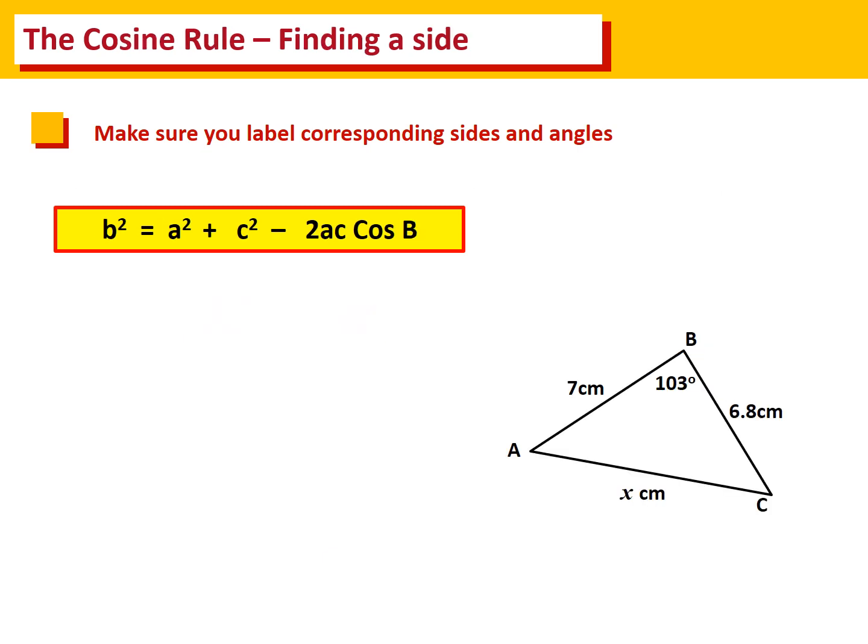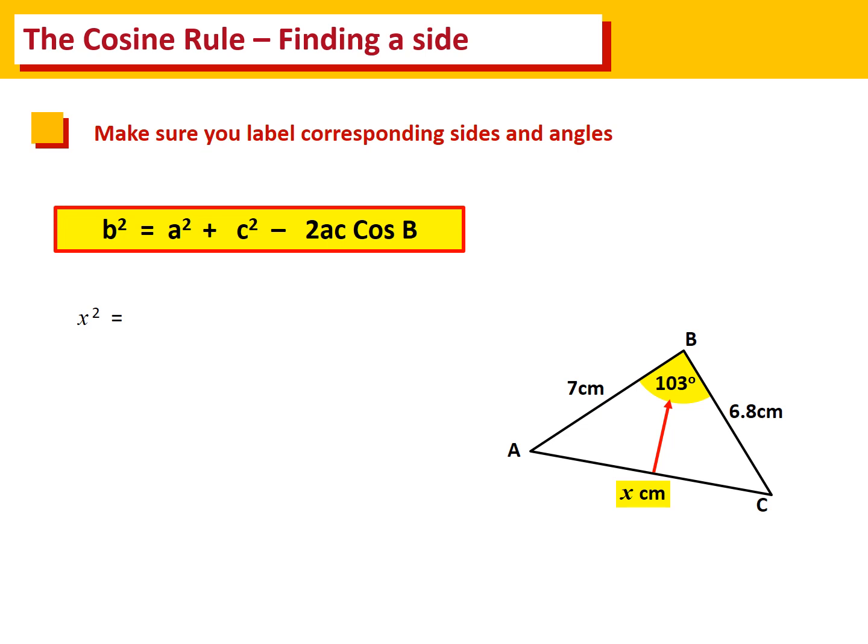Here's our second example. So we're trying to find length x, so our formula will start x squared, and the corresponding angle to the length x is 103 degrees, so our formula will end with cosine 103 degrees. So it starts with x squared.